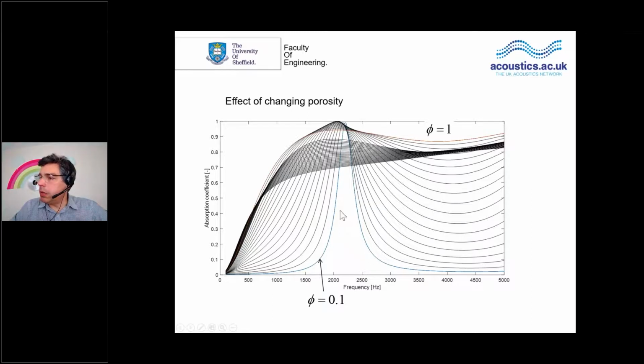So basically, it resonates at a certain frequency, and it's not a very good absorber at other frequencies. It's very hard for sound to get into the material because most of the surface is not pores. When porosity is 1, it can reach the theoretical limits, which depend on the pore size.